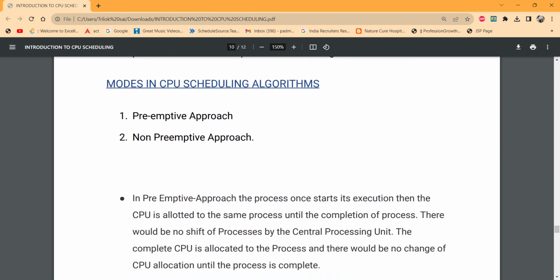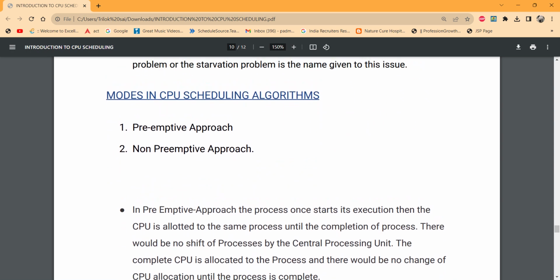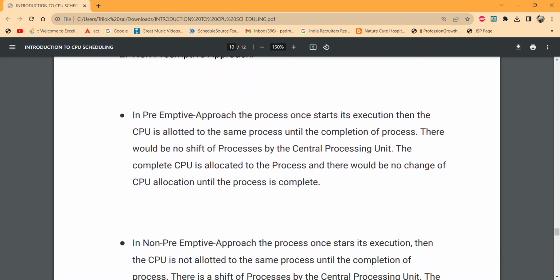Now we will discuss the different modes in CPU scheduling algorithms: the preemptive approach and the non-preemptive approach. This is very important, friends. Suppose a particular process has started its execution. Whether it is priority, time slicing, higher importance, low burst time, high burst time, or first come first serve, everything will be ignored, nothing will be checked.